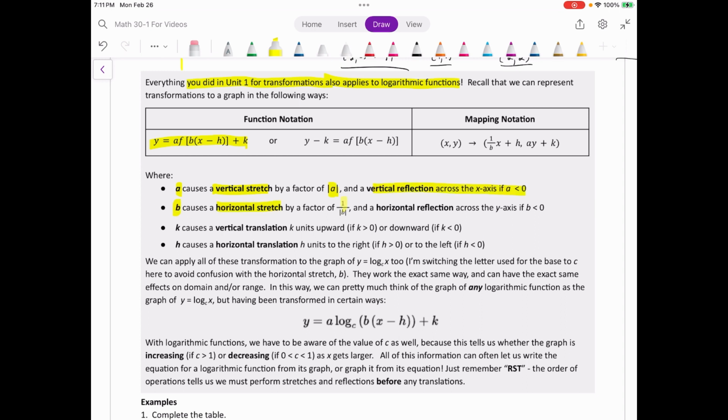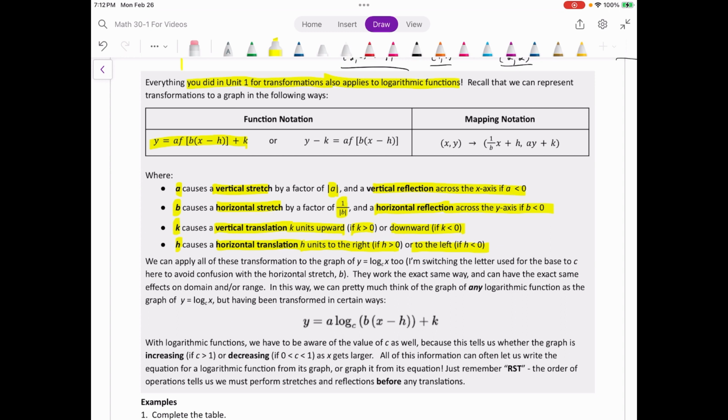B, horizontal stretch by a factor of 1 over B, because x isn't isolated, and a horizontal reflection across the y-axis if B is negative. K, vertical translation, K units up if K is positive, or K units down if K is negative. H causes a horizontal translation, H units right if H is positive, or H units left if H is negative.